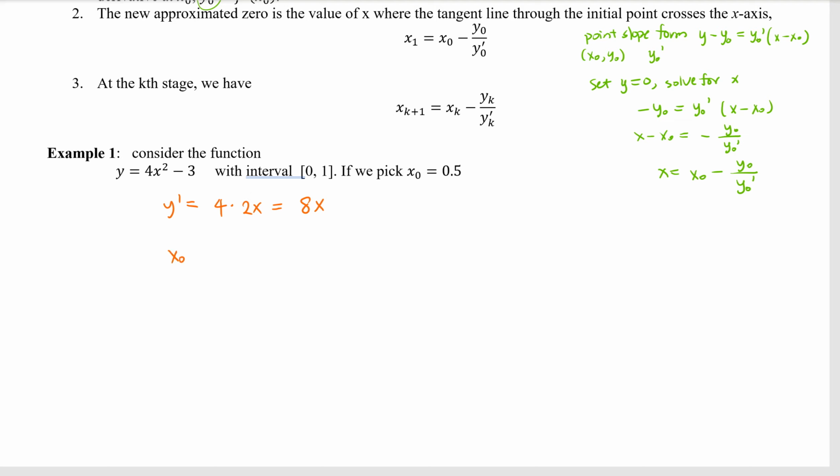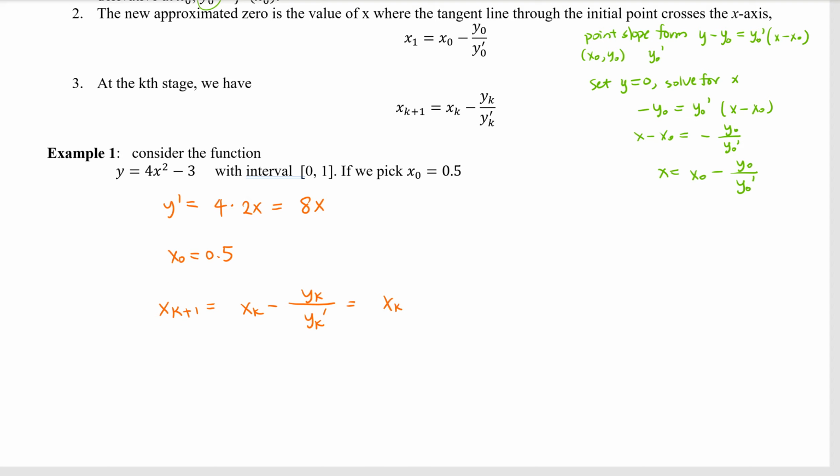So x0 equals 0.5. Let's figure out a formula. So here x sub k plus 1 equals x sub k minus y sub k over y sub k prime.